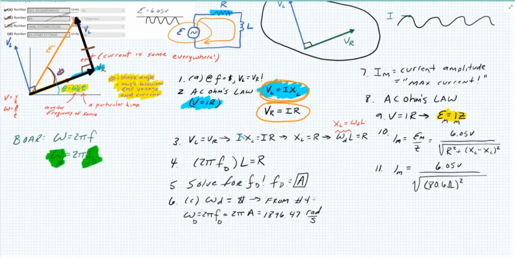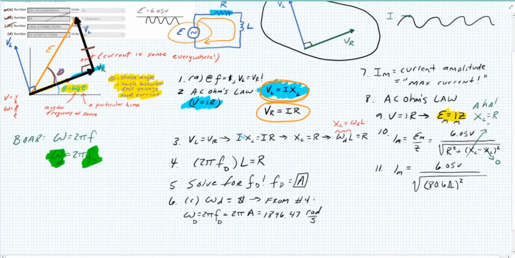There is no capacitor, so let's take care of some low-hanging fruit. No capacitor means no capacitive reactance. And then here's another aha moment. Aha, XL equals R.